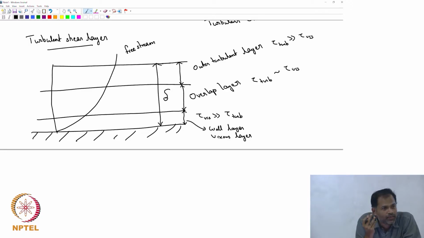And why I am talking about these things is because the governing equation contains both viscous stresses and turbulent stresses, and depending upon which one is more important, you will get different solutions. So, in the wall layer you are going to get some profile, in the outer turbulent layer some other profile, in between something else, and so on. Is that clear?